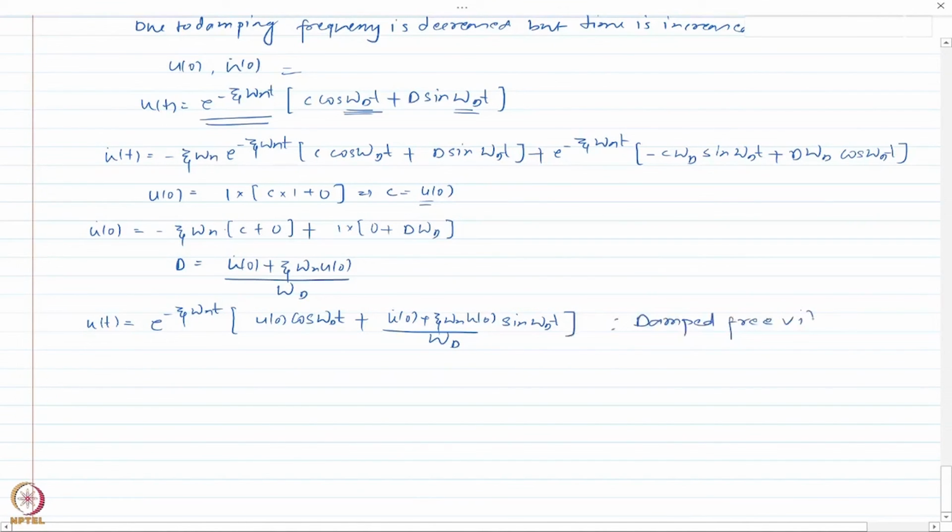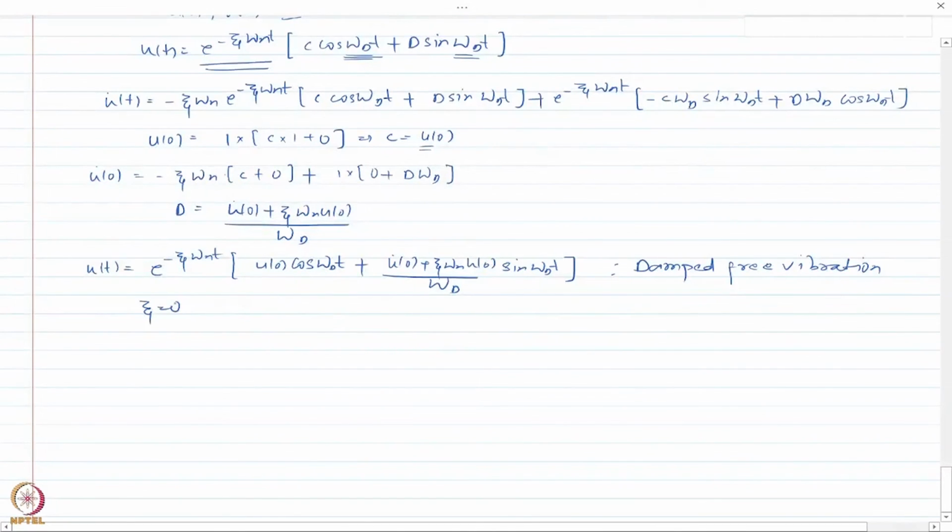Okay, and you can see from here that if you substitute zeta equal to 0, this system transforms to undamped free vibration, right? Because the exponential term would become equal to 1, the second term would be equal to 0, and omega d would be basically omega n because zeta is 0.